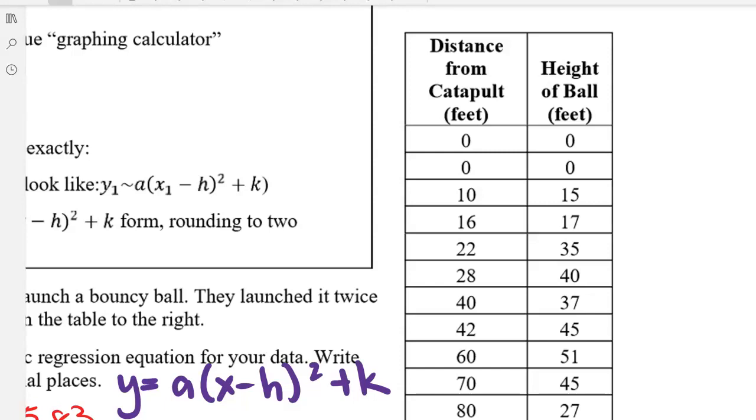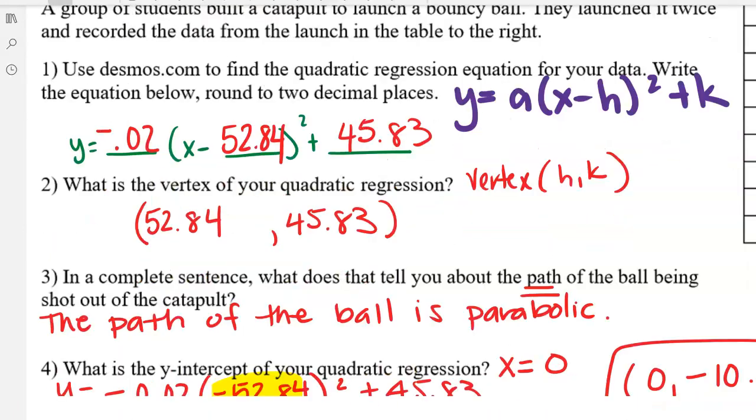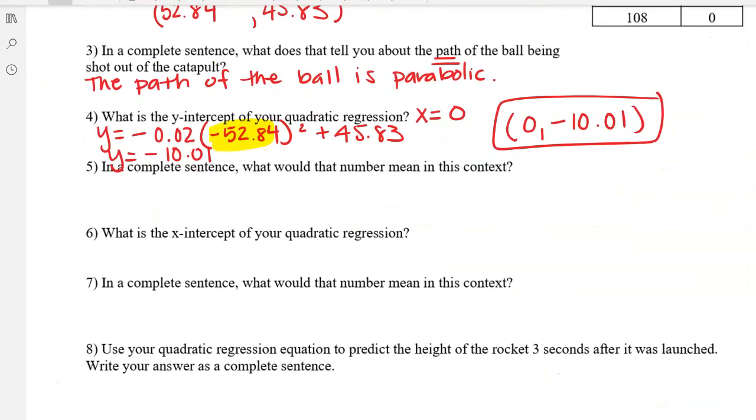Y represents what? The height of the ball. So guys, let's just pretend that this table is the location of your catapult. So if it's this length, then the ball is this length, right? Where the ball is at. Does that make sense so far? So the ball's distance from the catapult is where the ball is horizontally, and then y is how high it is. Okay? So for us to say that the y-intercept is 0, negative 10.01. Again, what does x represent?